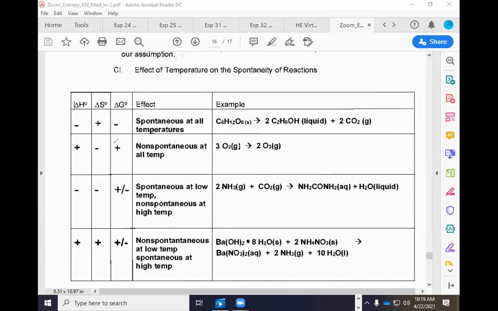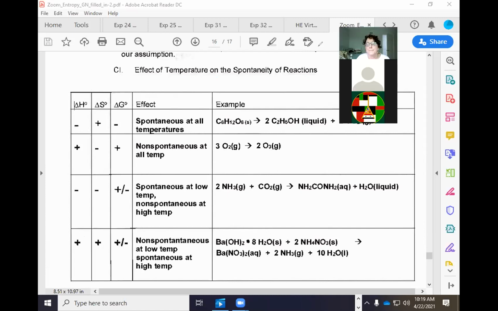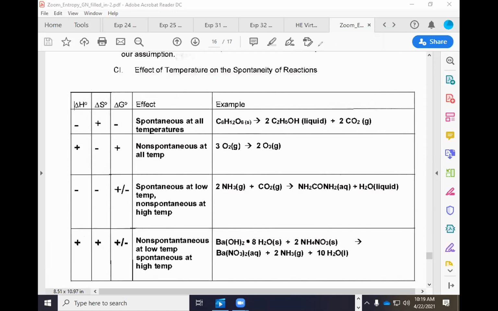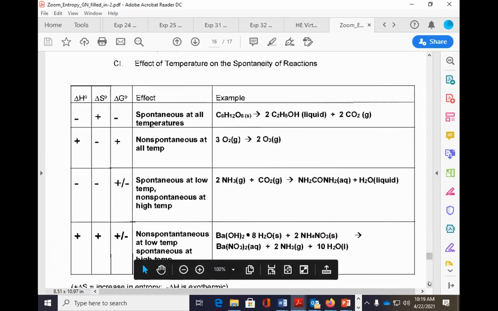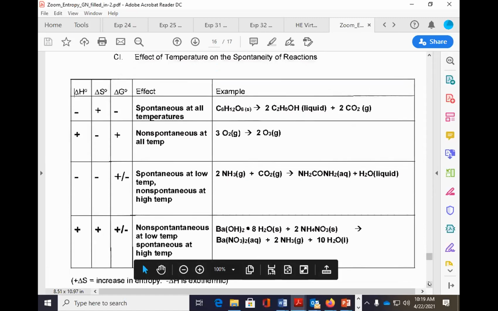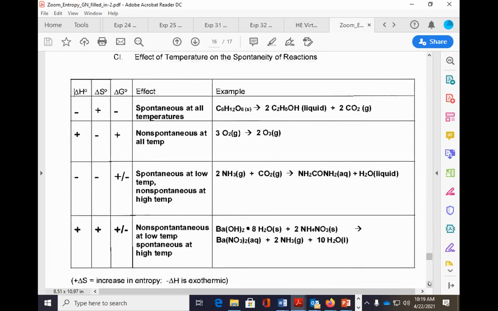So again, don't memorize all of these. I would not give you this and expect you to know it. I would expect you to know these situations. These are great for multiple choice questions. So you want to remember plus delta S is increase in entropy, minus delta H is exothermic.